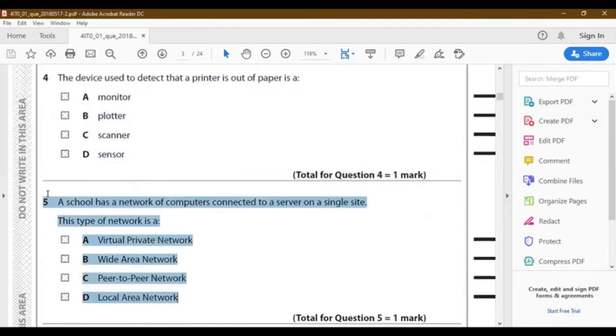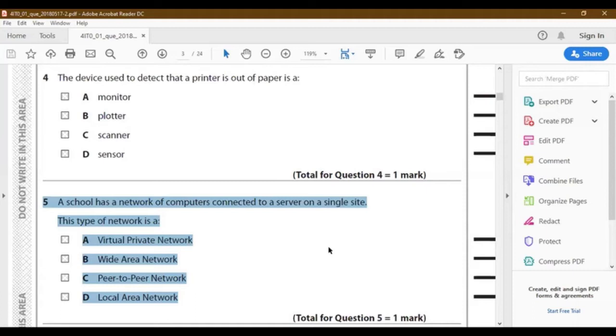This is a networking question. Question number 5. Read it and guess the answer. A school has a network of computers connected to a server on a single site.